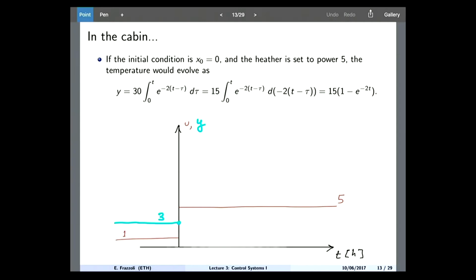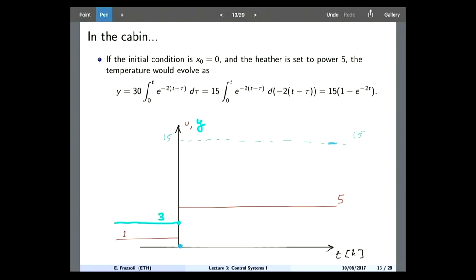So the initial value of this response will be 0, right? When t is very large, what will be y? When t is very large, e to the power minus 2t is what? 0. This will be 0, right? So eventually my function will go to 15, okay?